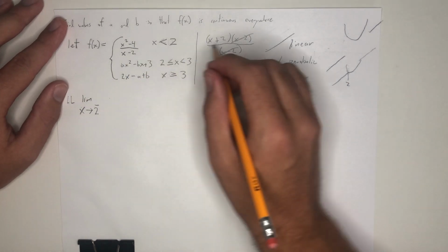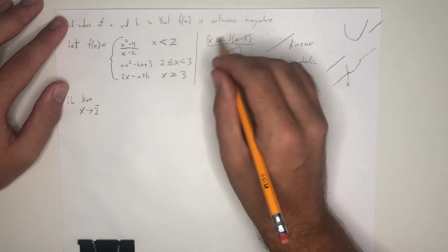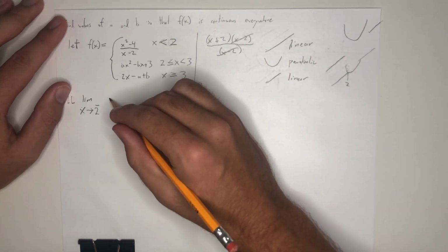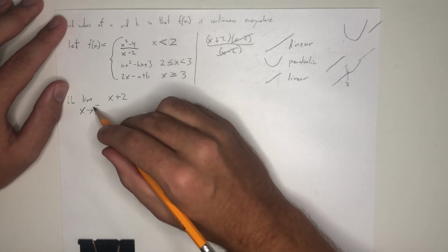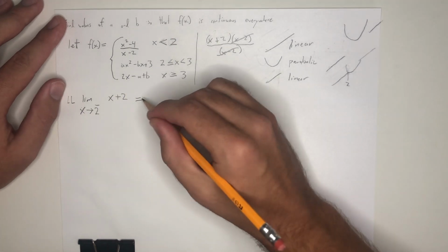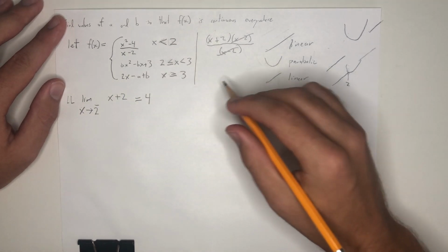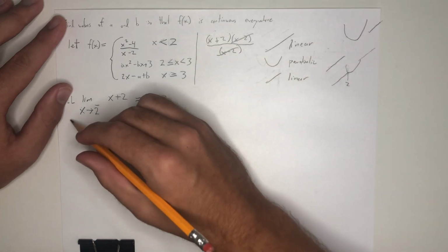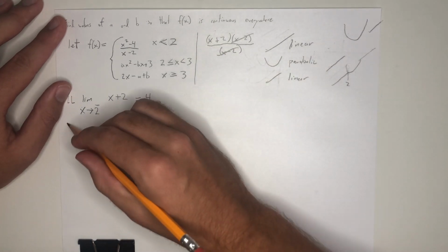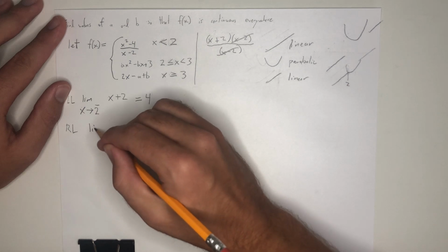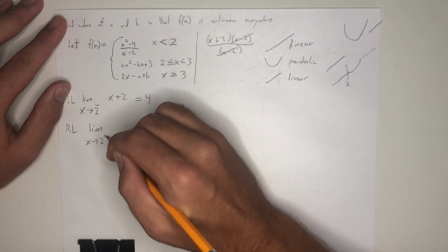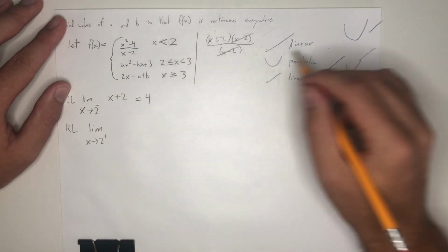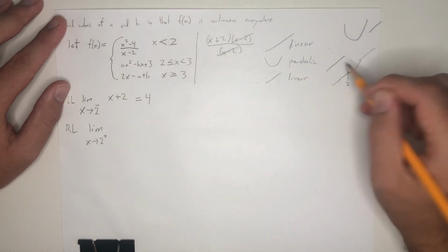We determined that this function is equivalent to x plus 2, so we can just plug it in and see that it equals 4. Let's look at the right limit as well. The plus sign indicates from the right, and that was from the left. So if we go from the right, we get this function.